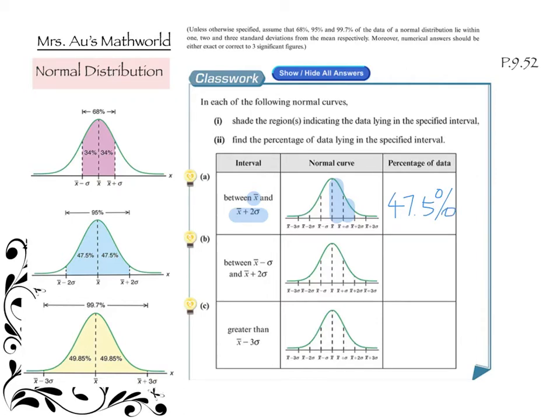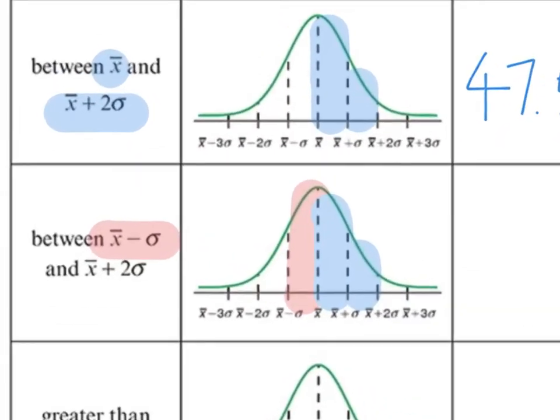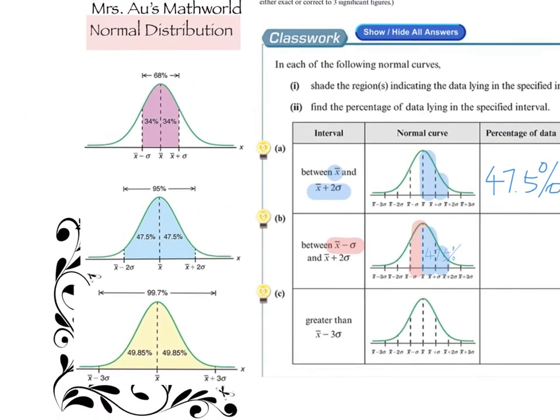But of course, for a question like part B, it may not need to start with x bar. We can start from x bar minus 1 SD like this, and then go to x bar plus 2 SD. Let me magnify the graph. This one we have done in part A. I know between 2 SD is 47.5%.